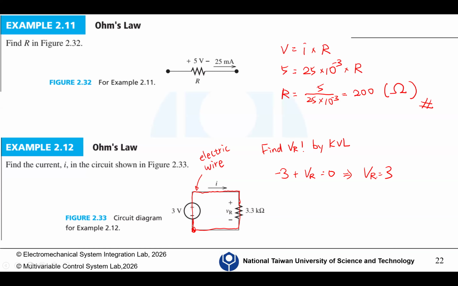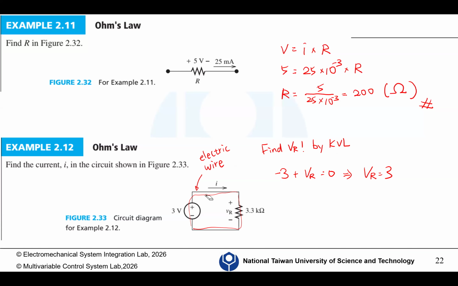When you become more and more familiar with the circuit, you should immediately know that VR is 3. The reason is that there is a voltage source, and after the loop, the resistor needs to consume all the voltage to make it 0, because it always needs to satisfy KVL.